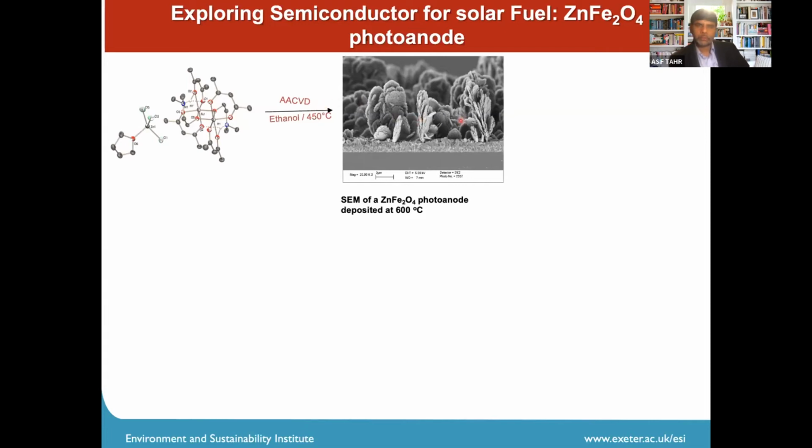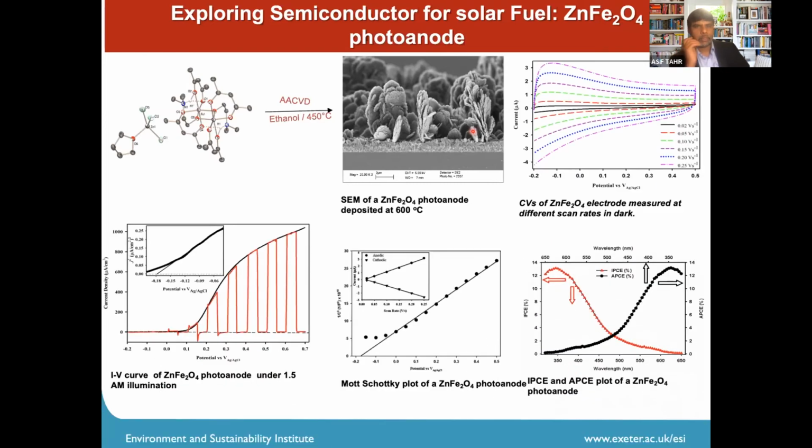From the SEM, we can say that a well-oriented, highly nanostructured film has been produced onto the FTO substrate, and the photoelectrochemical study shows that the material is photoactive as well as has the ability to act as a photoanode in the photoelectrochemical water splitting reaction. The Mott-Schottky plot proves that the material has a conduction band of 0.2, which is not suitable for hydrogen evolution, but can be used for the oxygen evolution reaction.